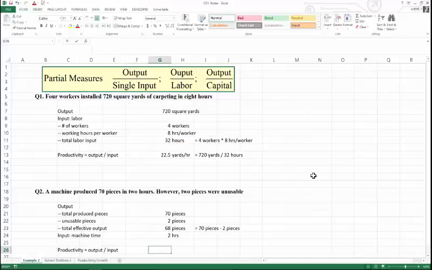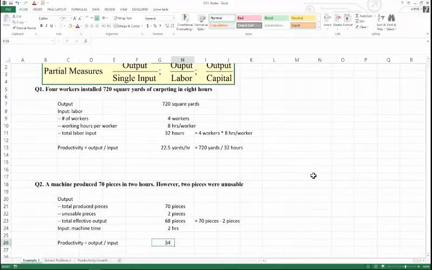So let's do this calculation. Output is 68 and the input is 2 hours. So that is our productivity. It is measured in pieces per hour. The calculation logic is 68 pieces divided by 2 hours.